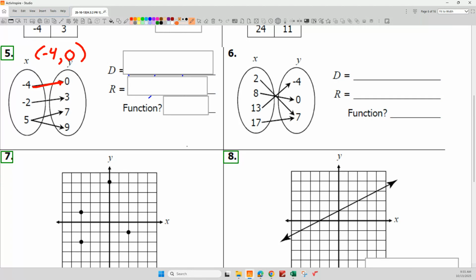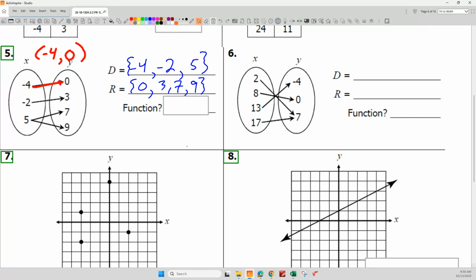Okay, so what's the domain of this relation then in number 5? -4, -2, 5. Good. Okay, give me thumbs. Everybody agree with that? Okay, what's the range? 0, 3, 7, 9. Okay, thumbs up or down. Is it a function? Absolutely not.